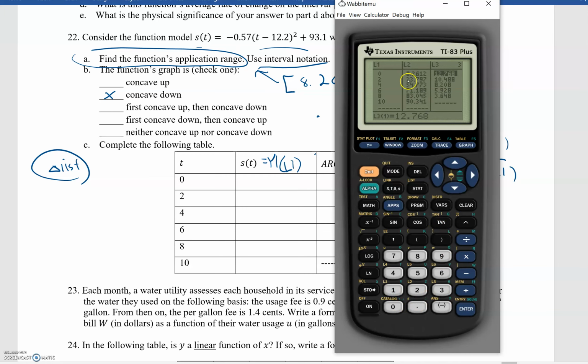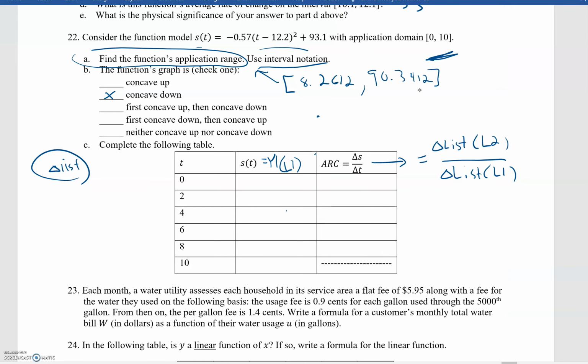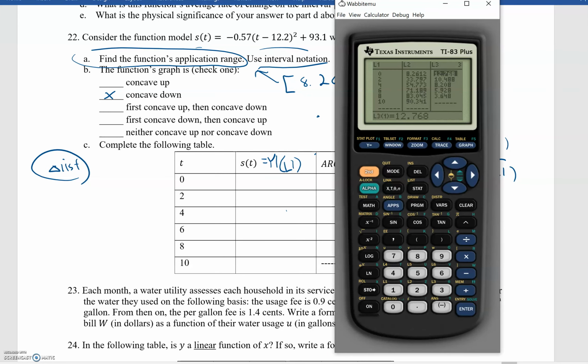And there's our values. These values that you see right here are what you need to transcribe into the table. So let me bring those back up. So 12.768, 10.488, 8.2. Notice that you don't have anything in this last entry.